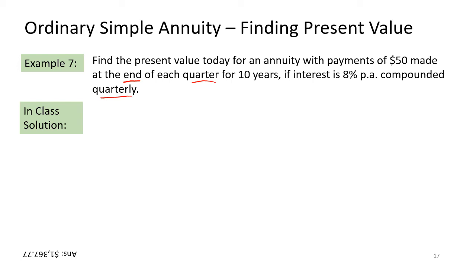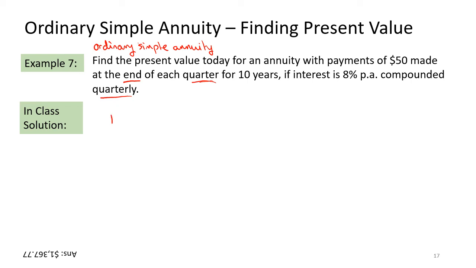So payments being at the end means ordinary. And because the compounding frequency and the payment frequency are both quarterly, they're the same, it means it's a simple annuity. So it's an ordinary simple annuity.